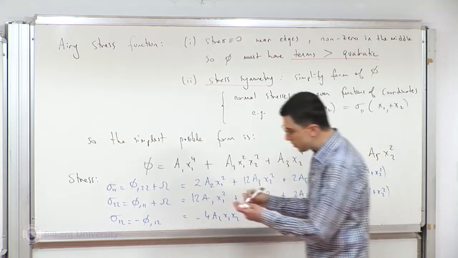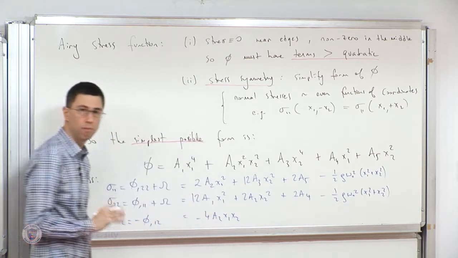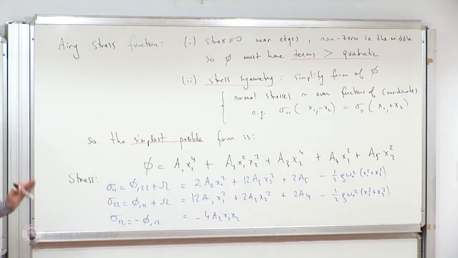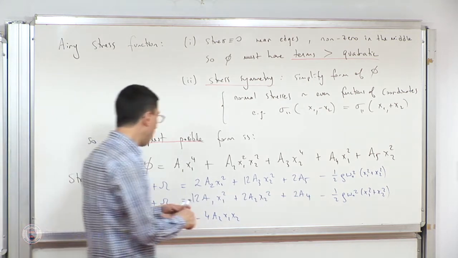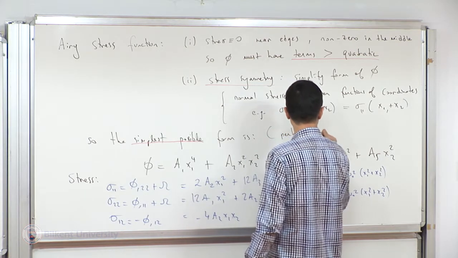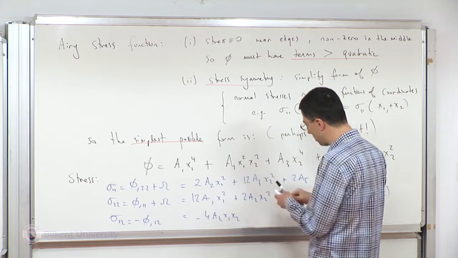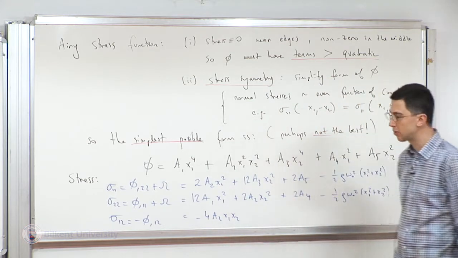Notice that this is the simplest possible form. I'm throwing in the simplest. I have symmetry and I have a non-constant stress field, right? But you should realize that it is perhaps not the best, and I will come back to this point shortly.